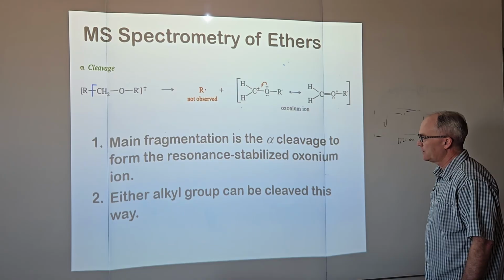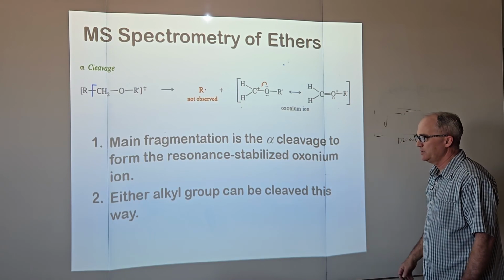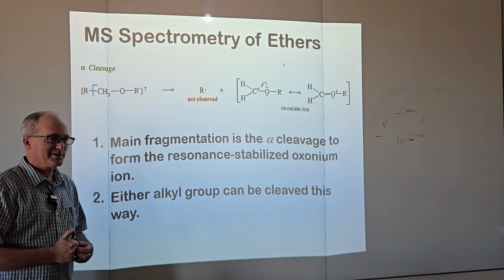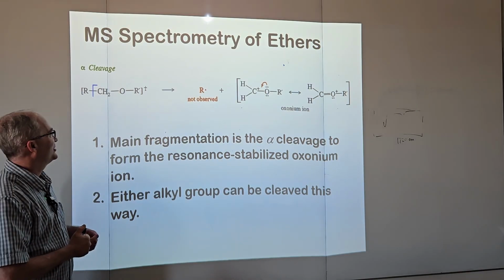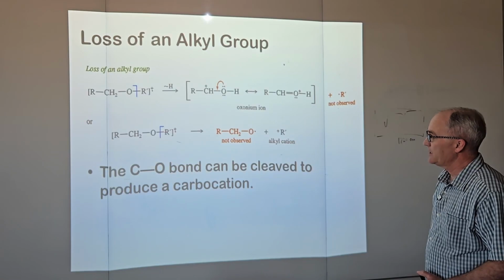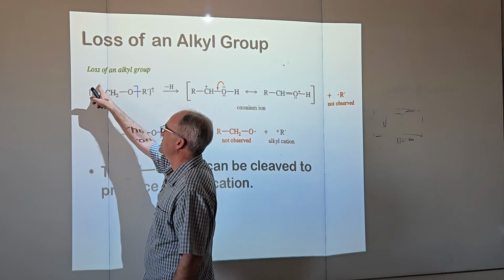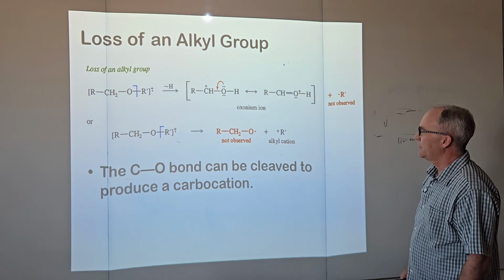Main fragmentation is alpha cleavage to form the resonance stabilized oxonium ion. Either alkyl group can be cleaved this way. Got to stick the word ether in there. Either ether, and try and make it into a tongue twister. So if not alpha cleavage, it can also cleave right by the oxygen. So here was alpha cleavage, here's just cleaving and loss of an alkyl group.